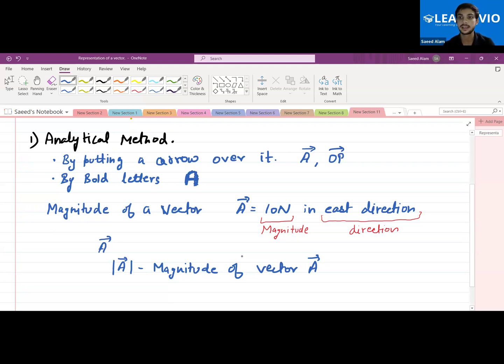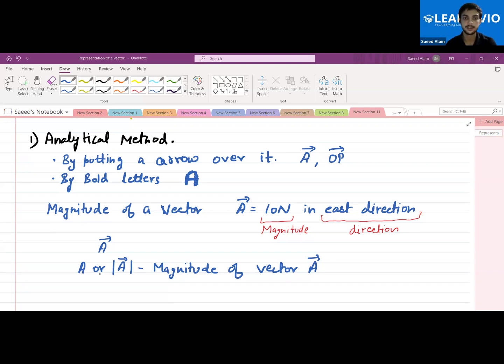So the magnitude of A can be represented by putting the vector between two bars, or we can say it just A. If just A is written, it means we need to know about the magnitude of A only.